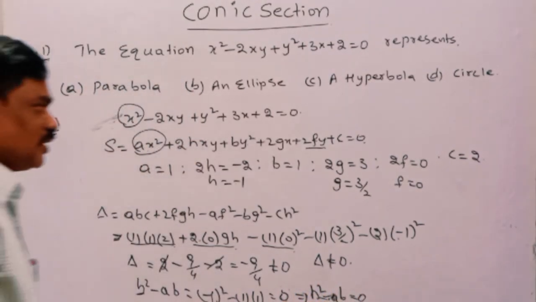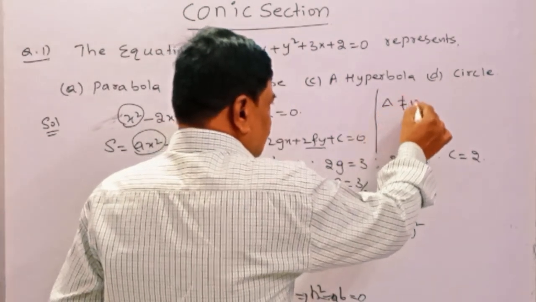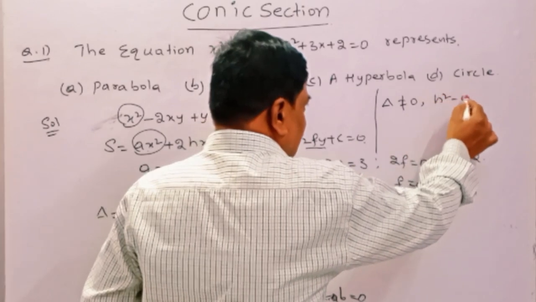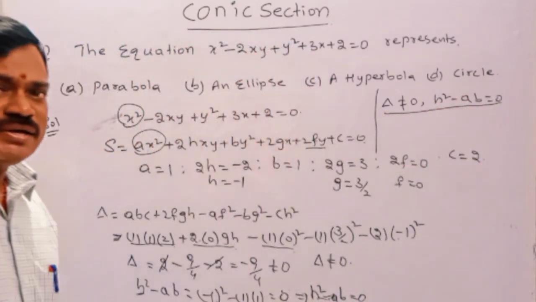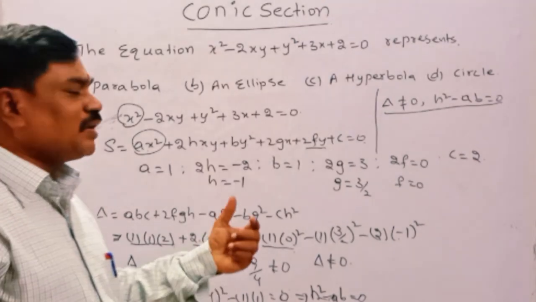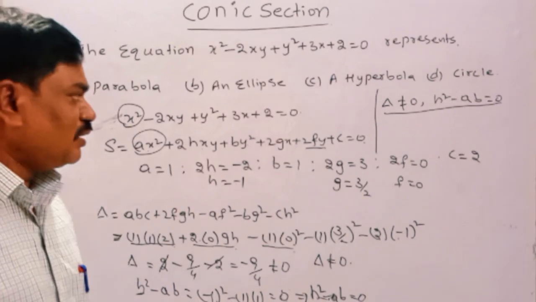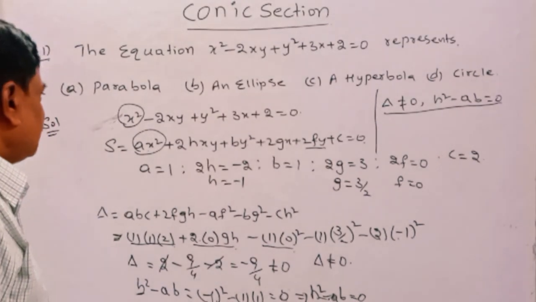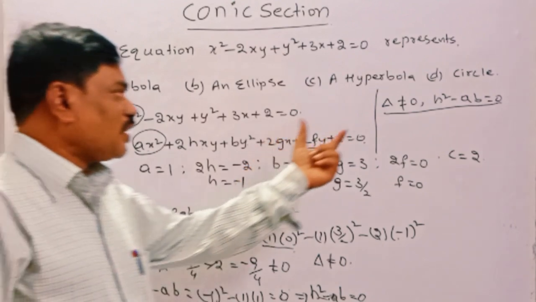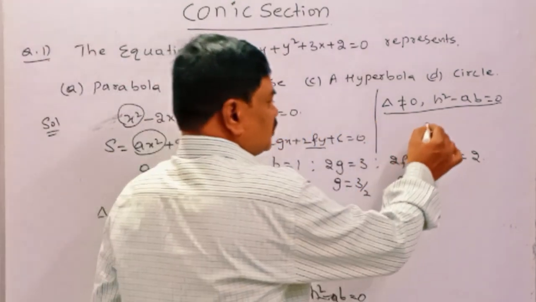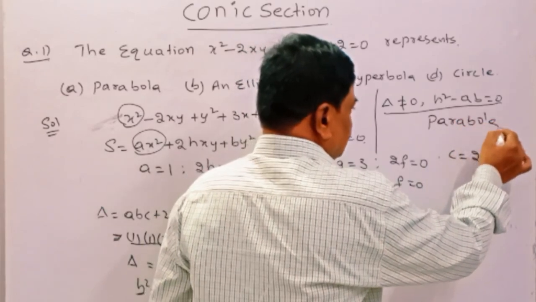What is the condition? Delta not equal to 0, h square minus ab is equal to 0. Then what is the condition? This is the condition for a parabola, so this is the parabola equation.